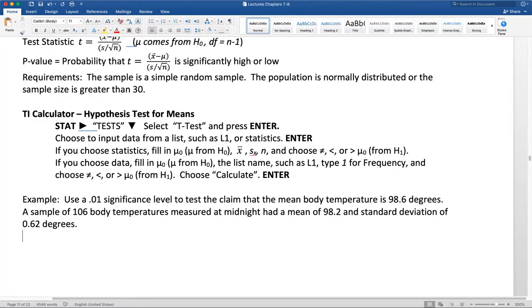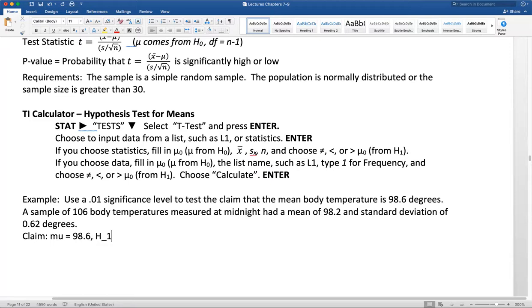Then what are you going to do? We need to figure out H0 and H1. First, the claim is mu is 98.6. That's the claim.